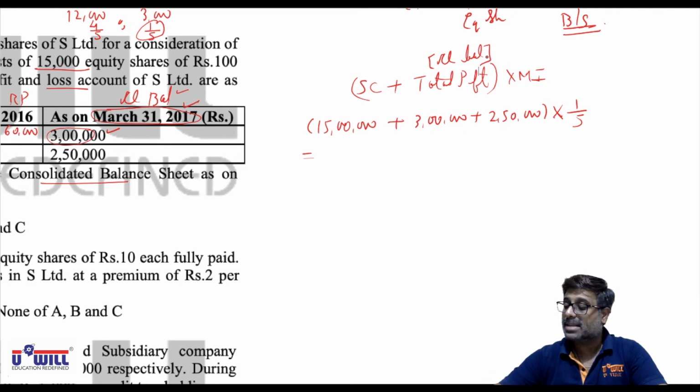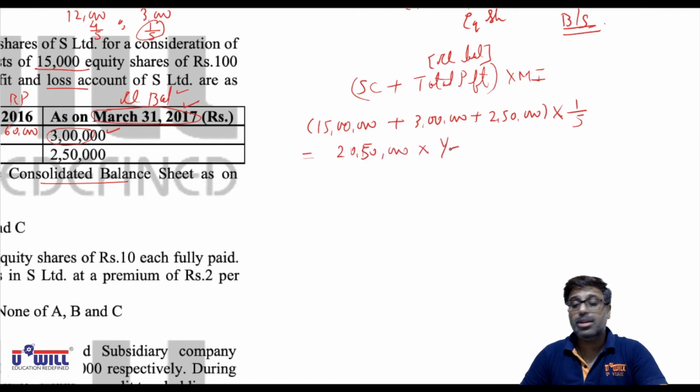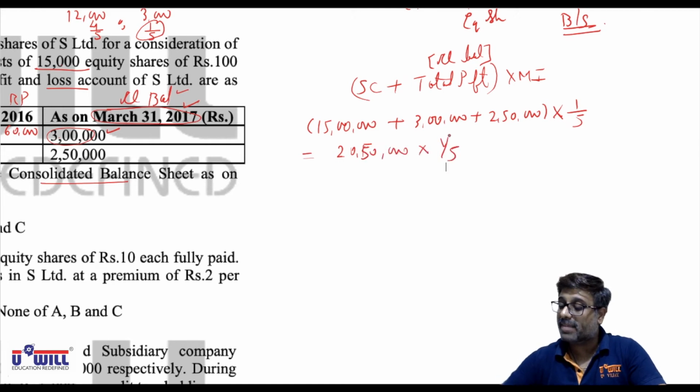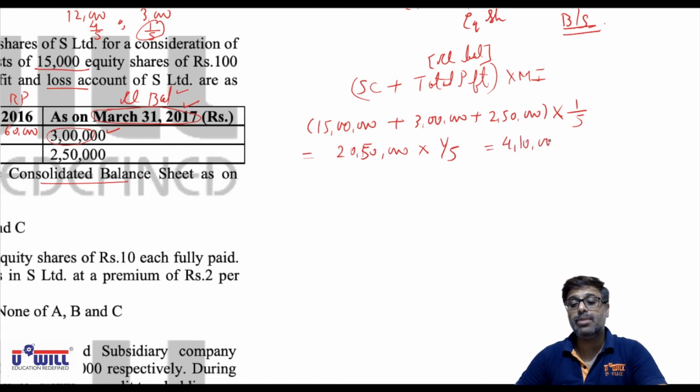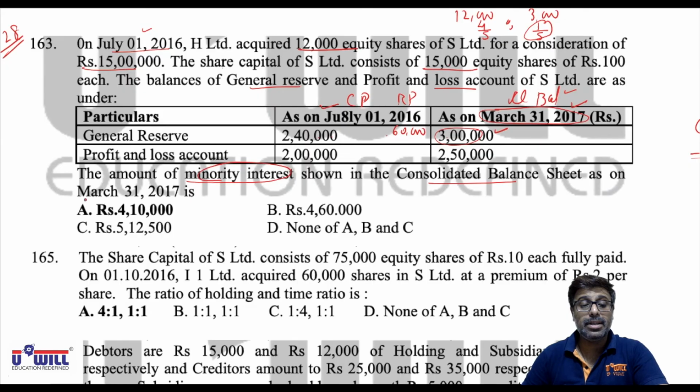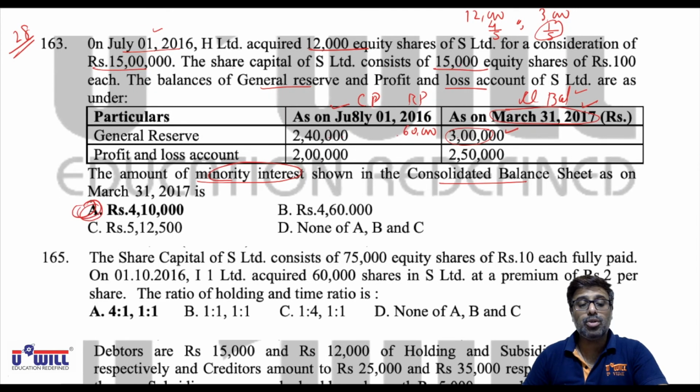So 15 lakhs plus 3 lakhs plus 2 lakh 50,000, that is 20 lakh 50,000, are the share capital plus total profits closing balance. That we will multiply with 1 by 5. 20 lakh 50,000 divided by 5, that is 4 lakh 10,000. So minority interest will come to 4 lakh 10,000. That is option A. Quite simple.